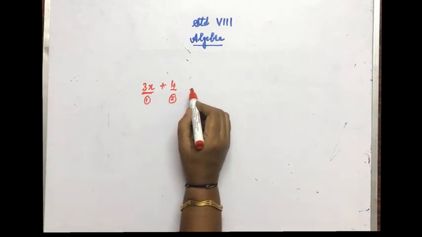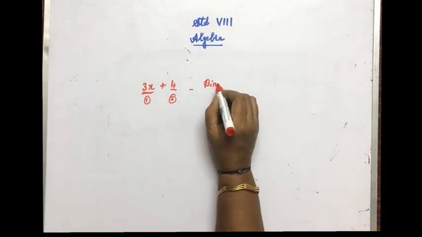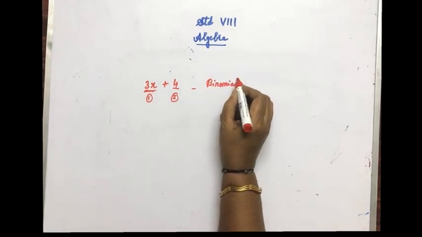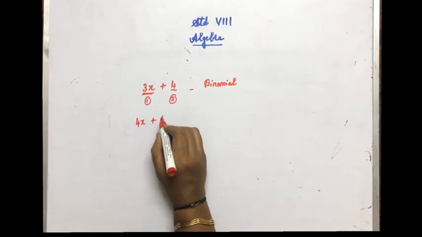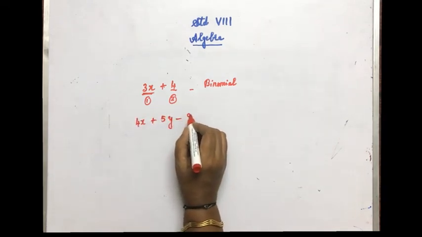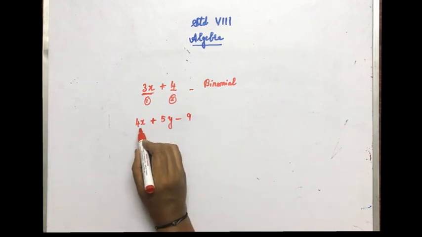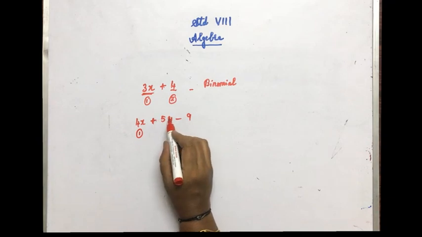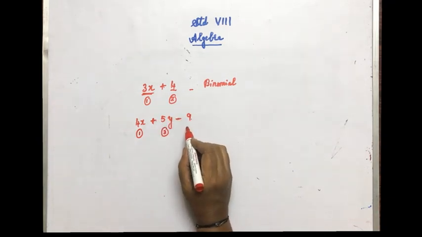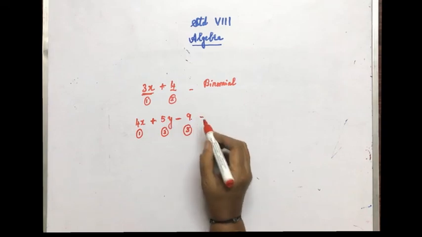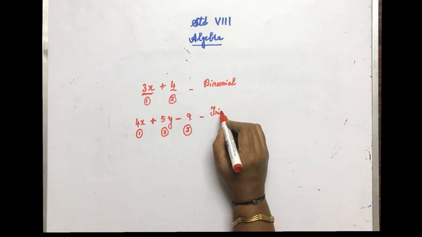So totally we have 2 terms here. So we call it a binomial. Now 4x plus 5y minus 9. Here before the plus sign we have 4x. So this is the first term, plus 5y, this is the second term, and after minus we have 9. So this is the third term. So here we have 3 terms. So we call it a trinomial.